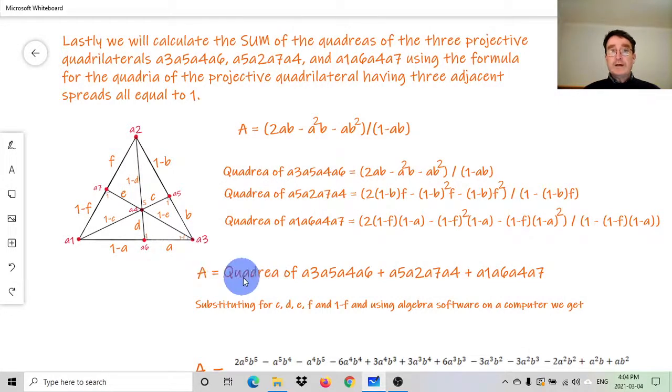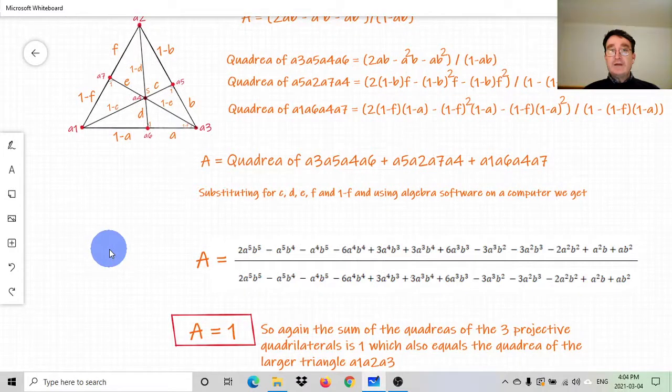We'll let A equal the quadria of the sum of these three quadrilaterals. We'll do the same thing, and substitute into these expressions what we had for C, D, E, F, and 1 minus F. And using some linear algebra software on a computer, we get A is equal to this numerator value divided by this denominator value.